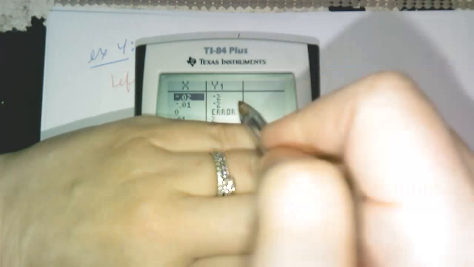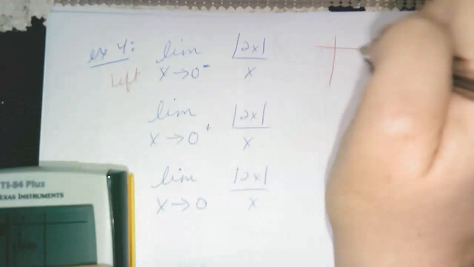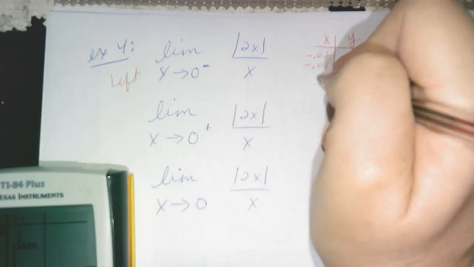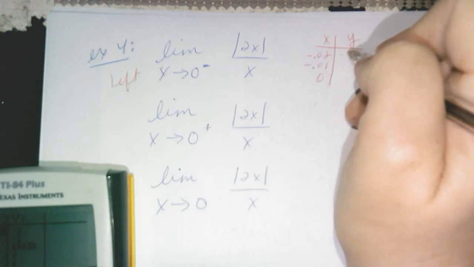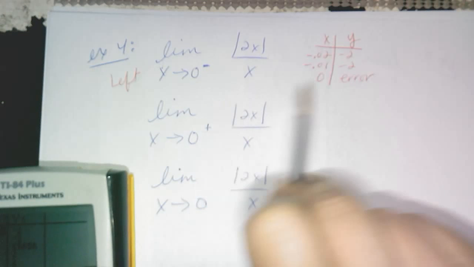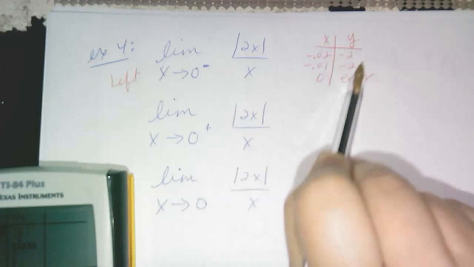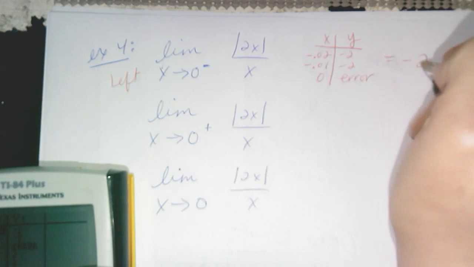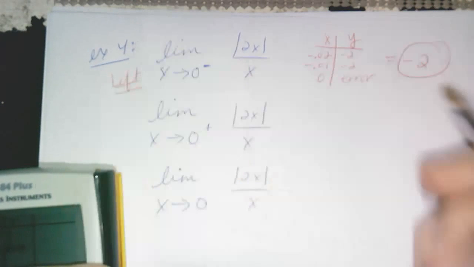You would have a table that looks like this. You go from negative 0.02, negative 0.01, 0, and what you have is negative 2, negative 2, error. What is the limit then on the left? What's it approaching? 0? Try again, look. Negative 2. My limit on the left is negative 2.